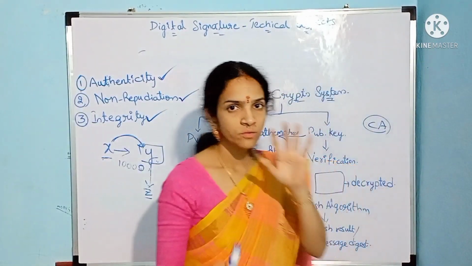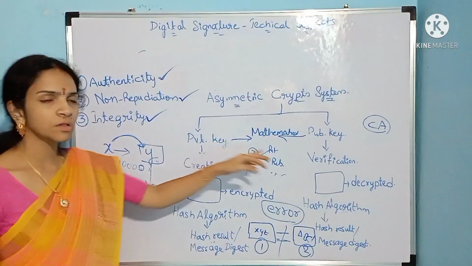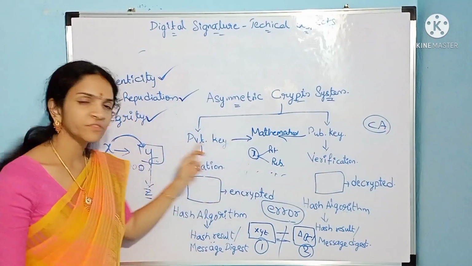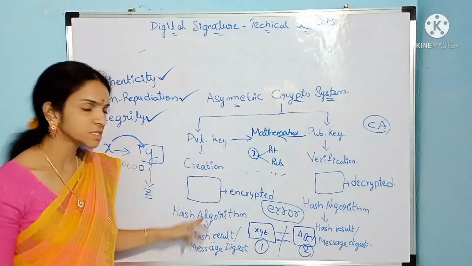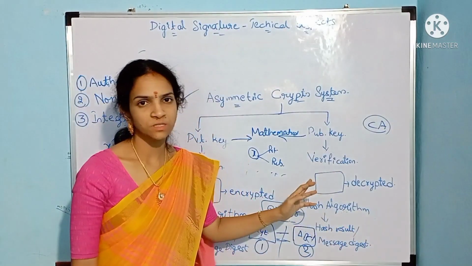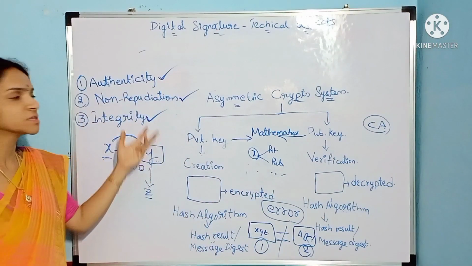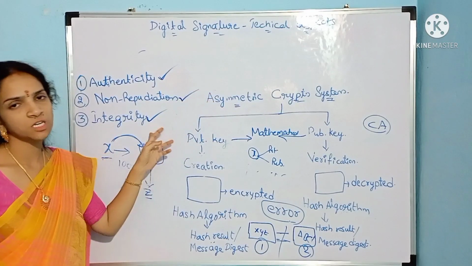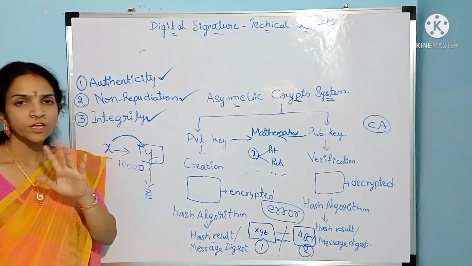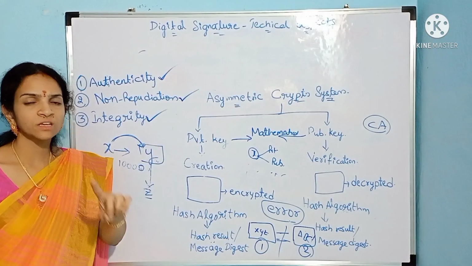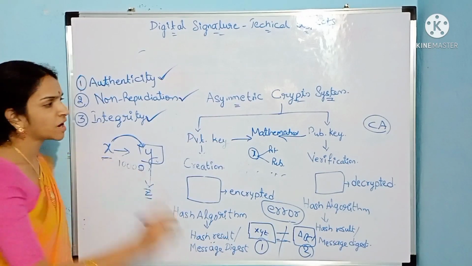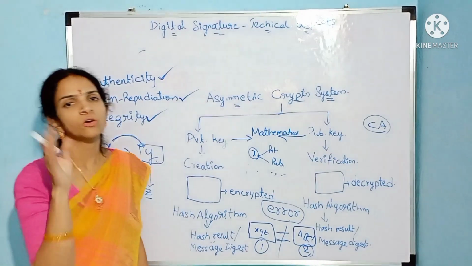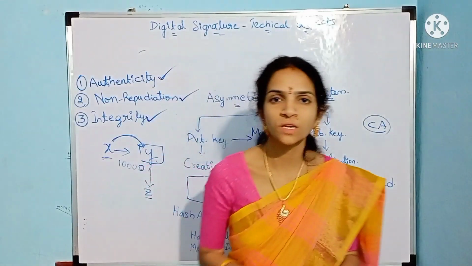As a part of that, fourth, we discussed what keys will be there and how they function, that is, creation of digital signature and verification of digital signature. And lastly, we have discussed these 3 points in the present video: authenticity, non-repudiation and integrity. So when you are asked a question on the technical aspects of digital signature, you have to write everything in your answer.